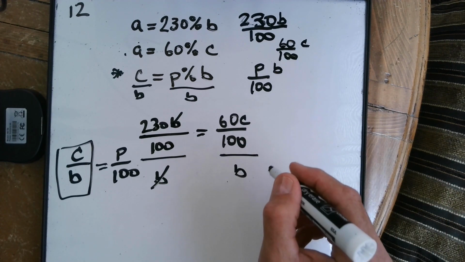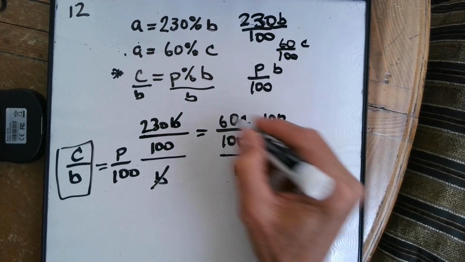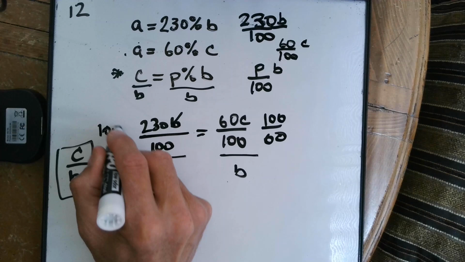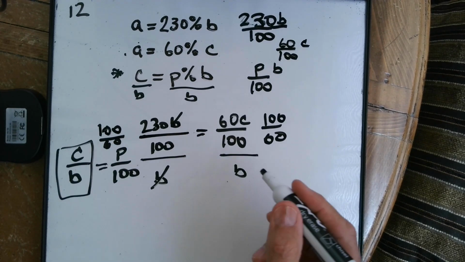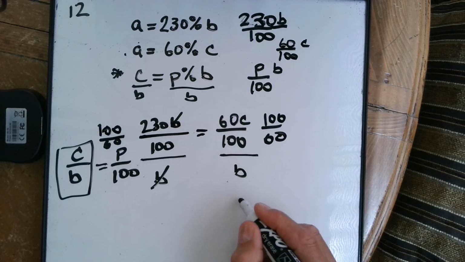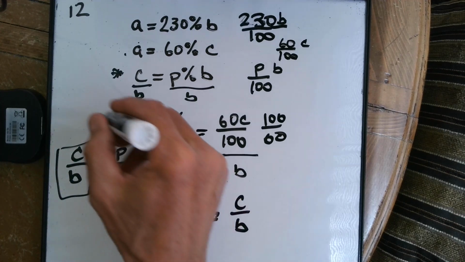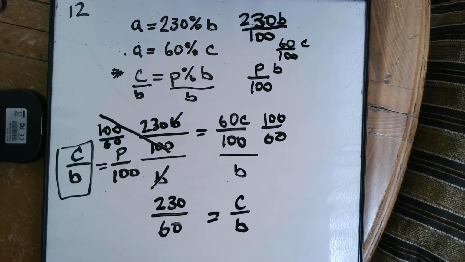So if I multiply the reciprocal to both sides, that cancels this fraction. I'm going to multiply 100 over 60 here, right? And what am I left with? On the right hand side, I'm left with C over B, which is this. But let's finish this out. These cancel, and I have 230 over 60.